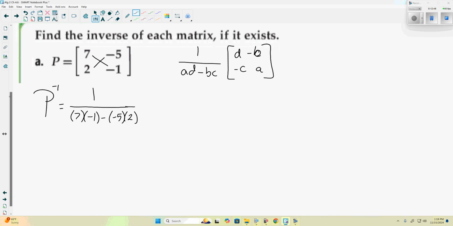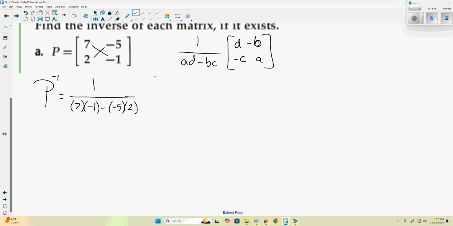Oh, it's inverse. It's not P to the negative 1 power, it's just signified P inverse. Like with inverse functions, when we talk about f to the negative 1, it's f inverse of x. So here we're saying P inverse. P is the normal matrix, P inverse is its inverse.